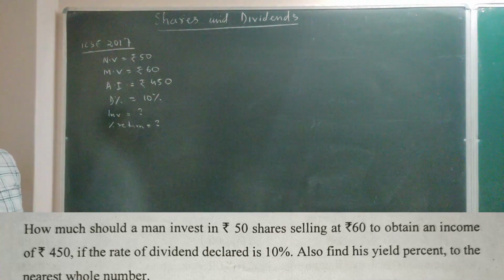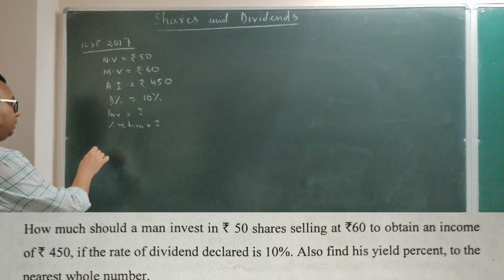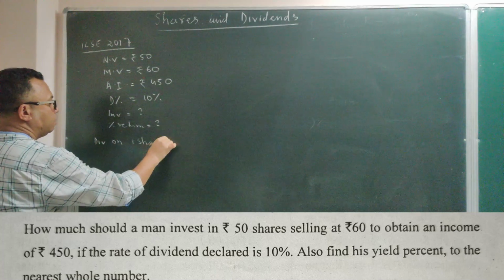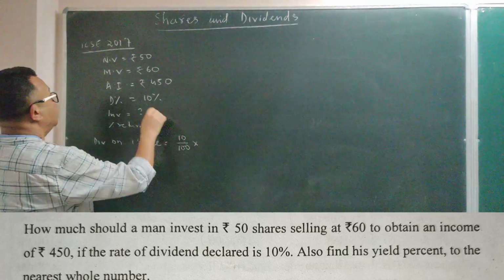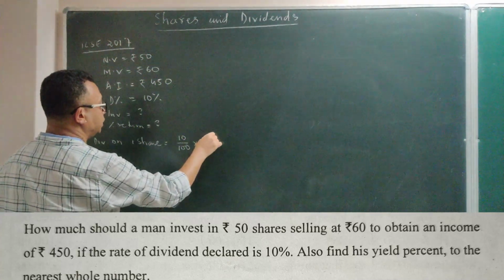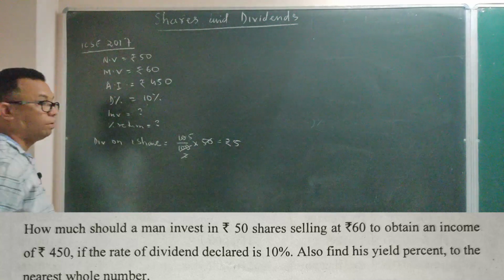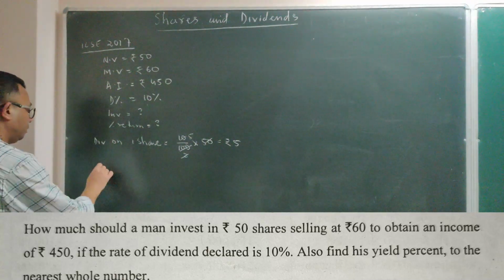So what I'll do now is, first, like always, let me find out the dividend on one share. The formula for dividend on one share is dividend percent by 100 into nominal value. Nominal value is 50. This will go 2, this will go 5. So the company is giving 5 rupees for one share. Then next, let me find the number of shares.